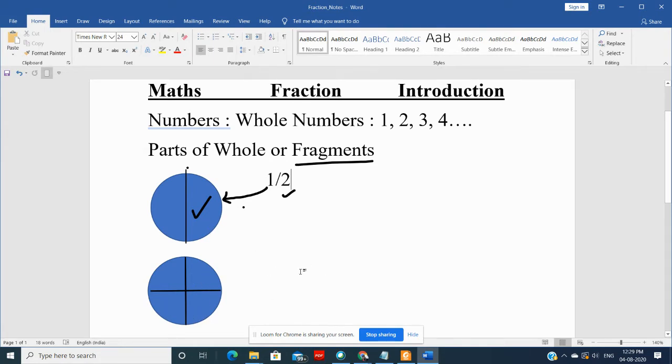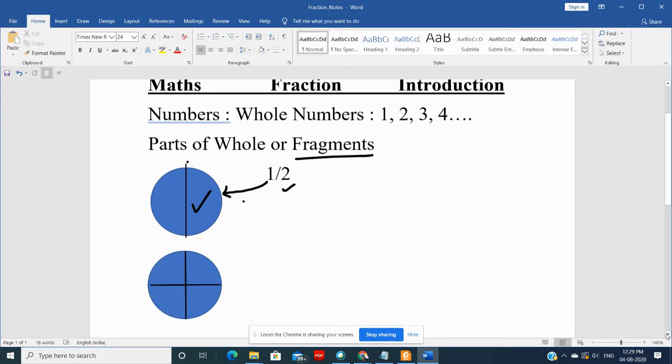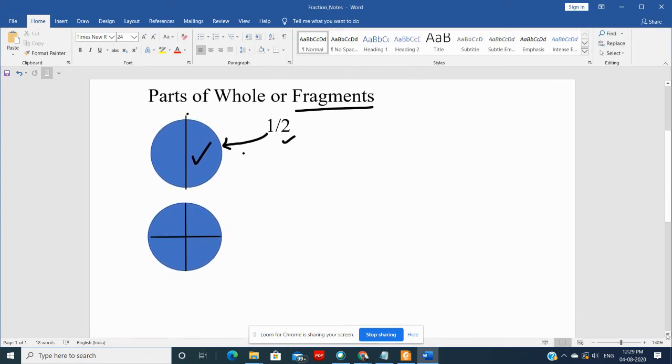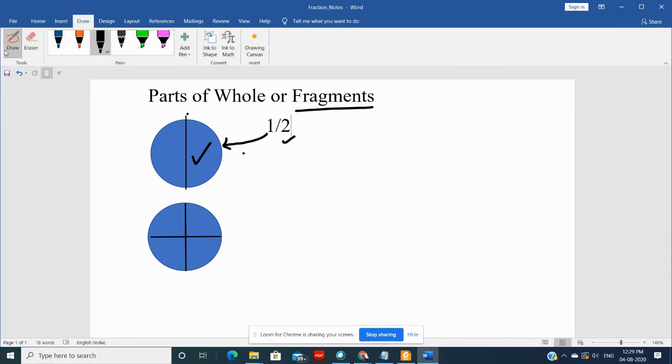So here you are eating just one part. So you can say that I've eaten 1 out of 4 parts of roti.